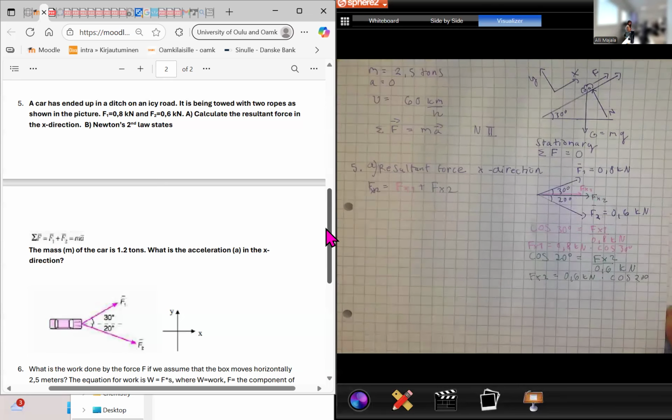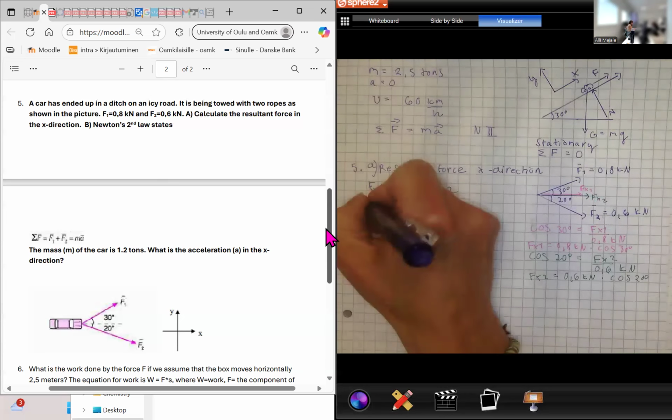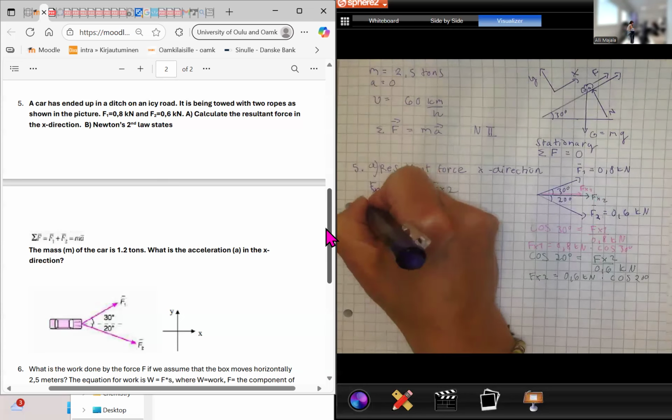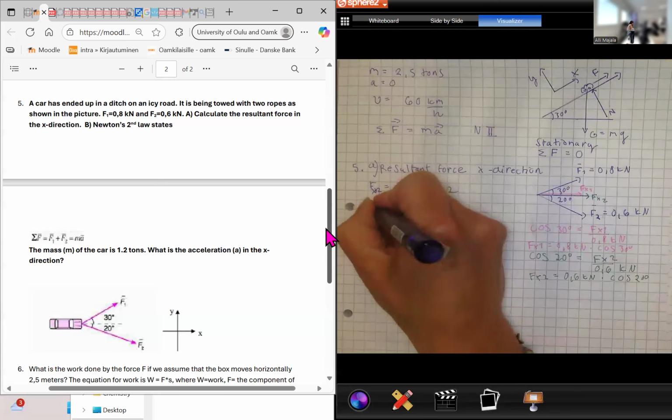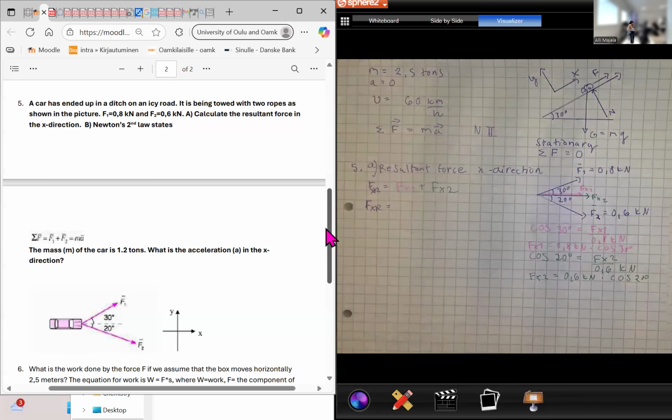It would be good if we would be doing something similar in physics, you know. Well, what can you do? This was fx resultant. Then this.